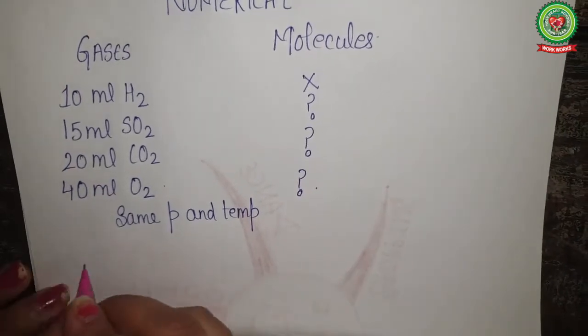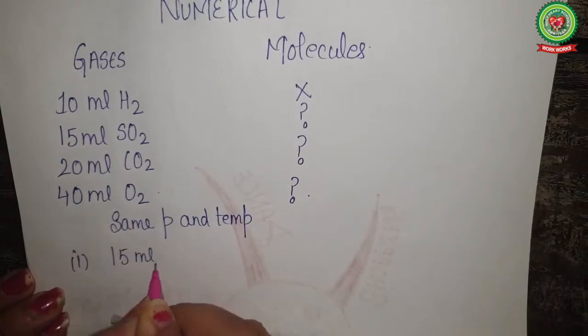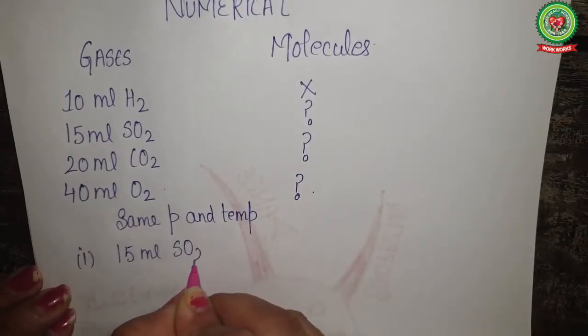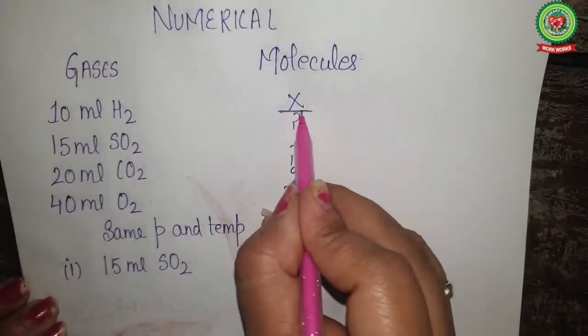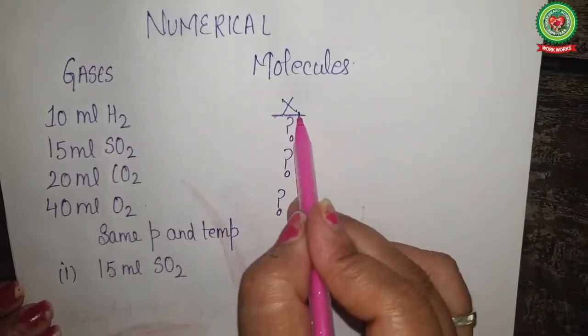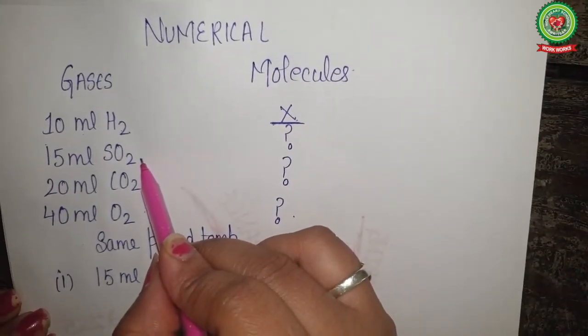Now we are going to solve the first part, the number of molecules in 15 ml of SO2. We are provided with 10 ml of hydrogen containing X molecules, and we have to calculate the number of molecules in 15 ml.